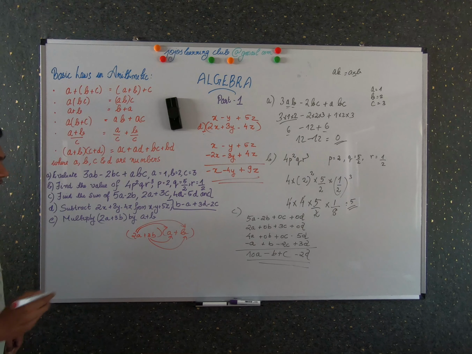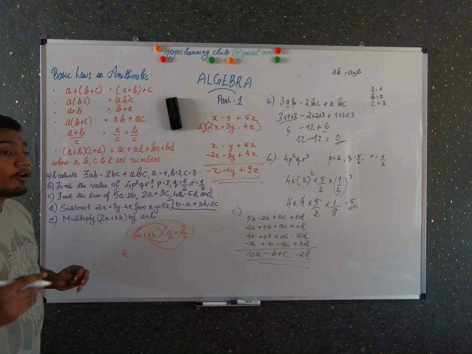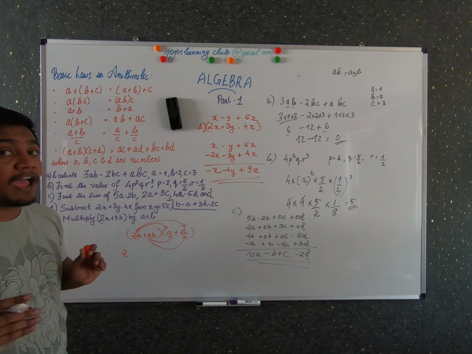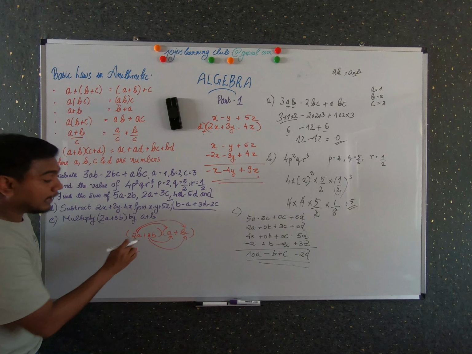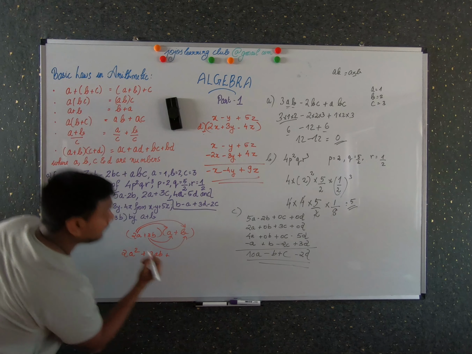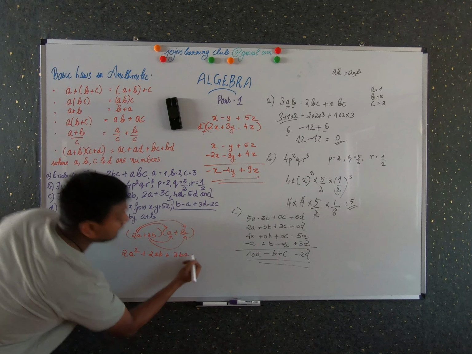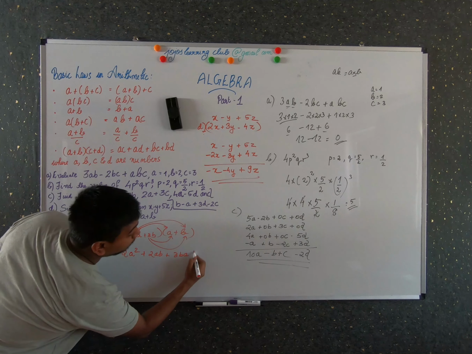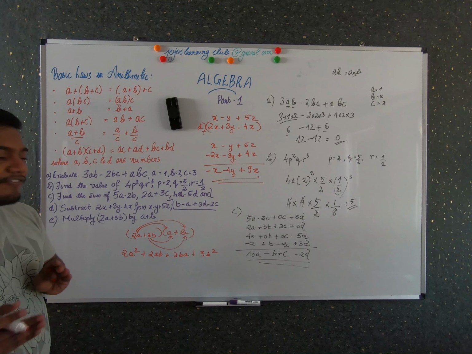So that's all. So 2 into a into a. Recall here the index. When you have a into a, you can write it here as 2a square. Now you multiply 2 plus 2ab. Okay. Now you multiply 3ba. And what is another one? 3b square. So now you have to simplify it into the final form.